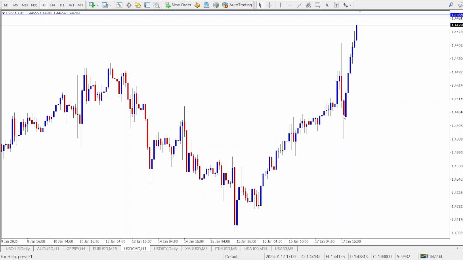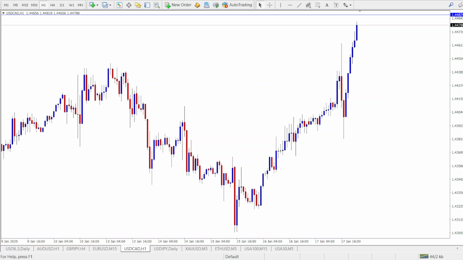If you're a newbie, just try to open your chart during market hours and target the period when the New York session and the London session overlap.